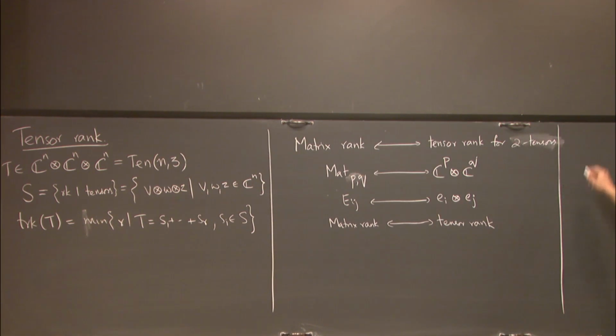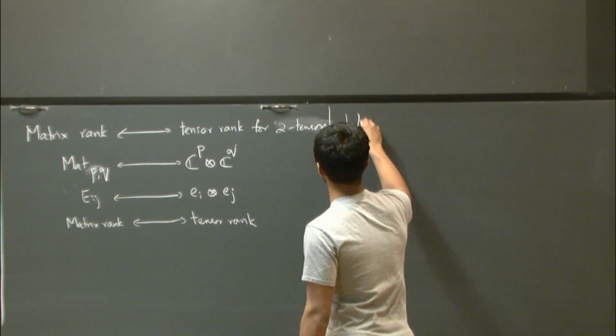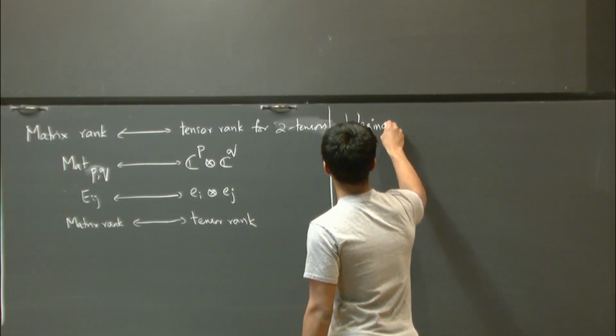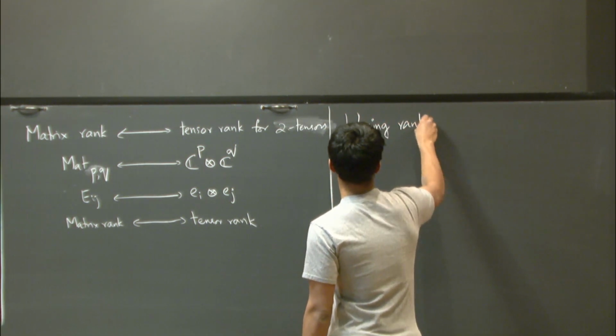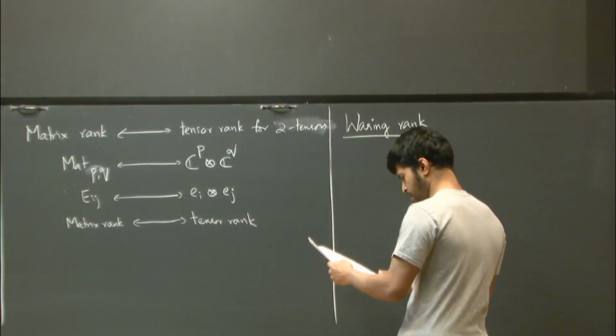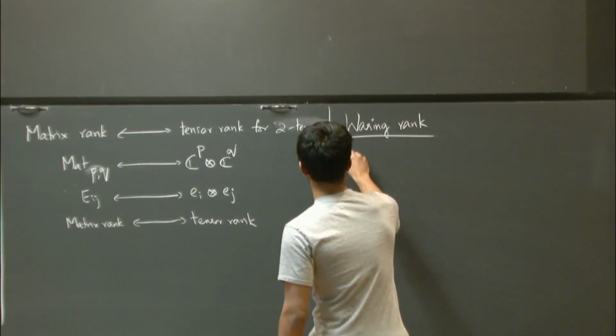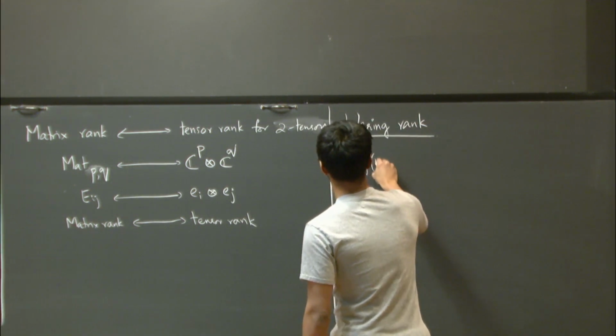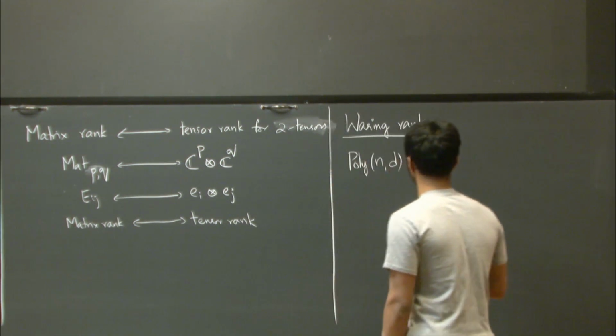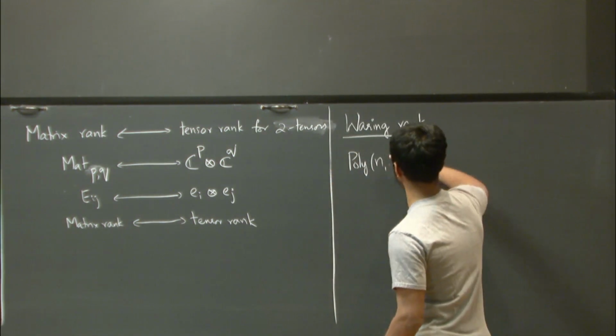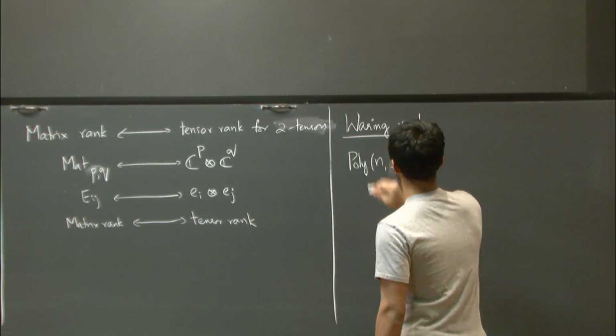And here's another example of something similar, which is what's called Waring rank. And this is the one that we'll focus mostly on. Okay, so I define Poly(n, 3).